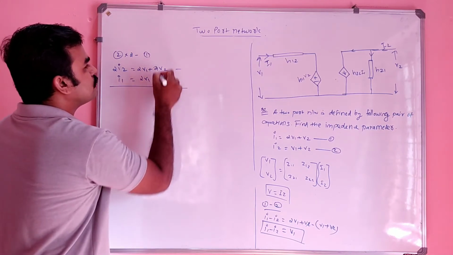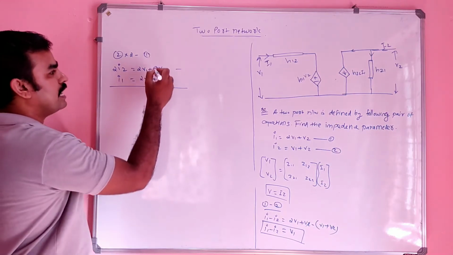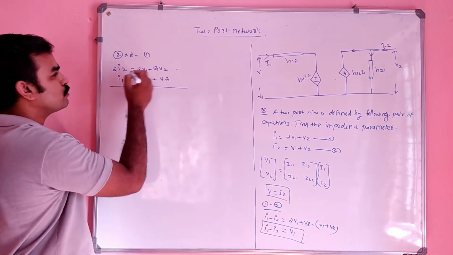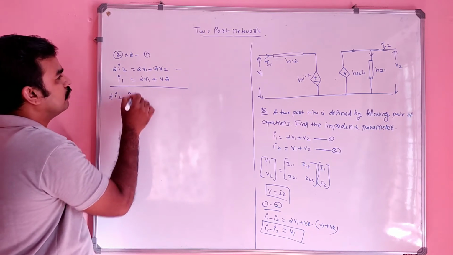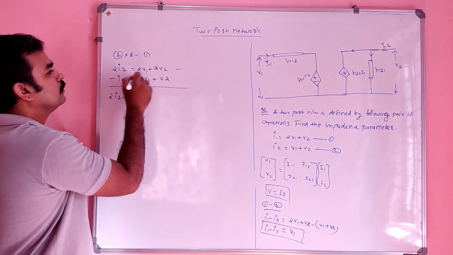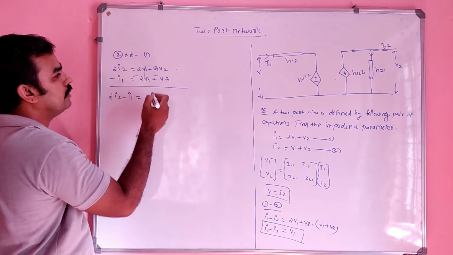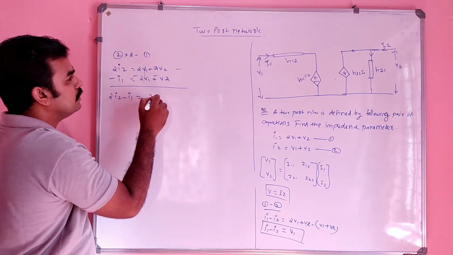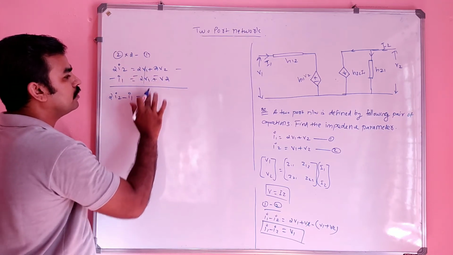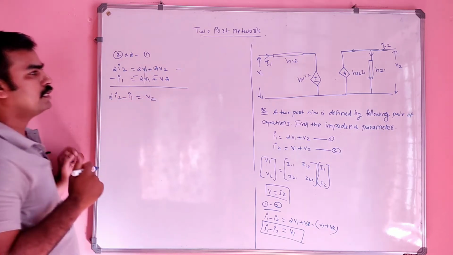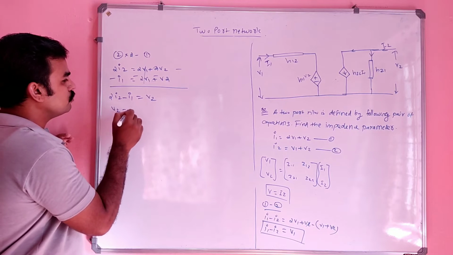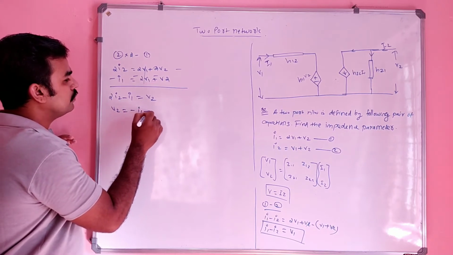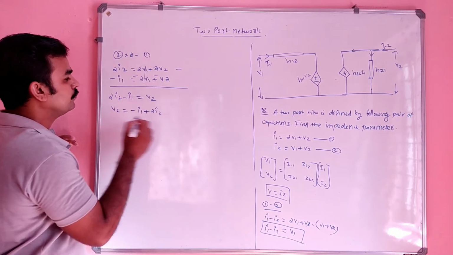If you subtract this from this, what do I get? 2I2 minus I1 will be equal to, change the sign, right? This and this get cancelled. It is simply 2V2 minus V2, which is nothing but V2. That means you now have V2 is equal to minus I1 plus 2I2.